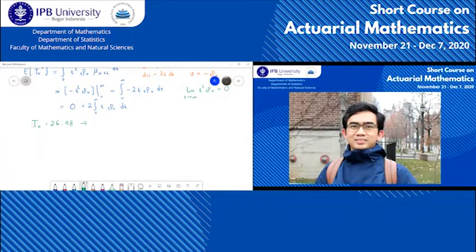Then we have Kx, the floor of Tx, just chop off this decimal, so Kx is equal to 26. And another example, suppose that Tx is equal to 0.74, we will have Kx is equal to 0.